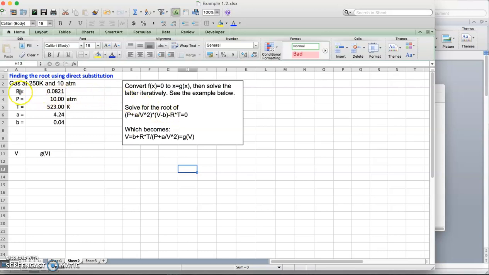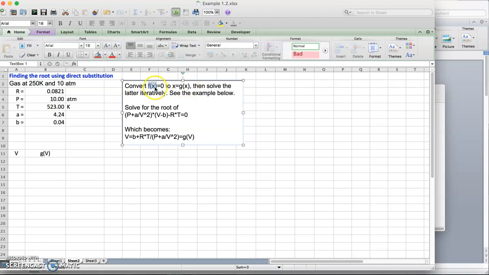Alright, so these are the constants that are given. R, P is the pressure, T is the temperature in Kelvin, A and B are the other two constants. So what we can do is the following. In direct substitution, the goal is to convert a function like f of x, for which we're going to find the root, to something like x equals g of x.